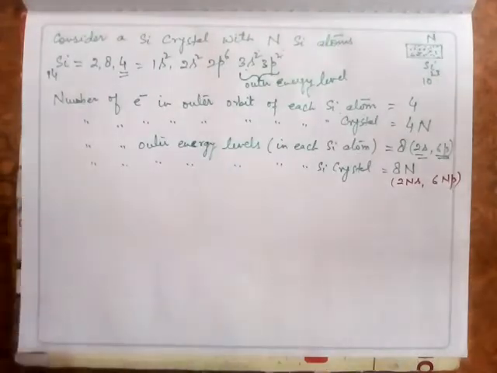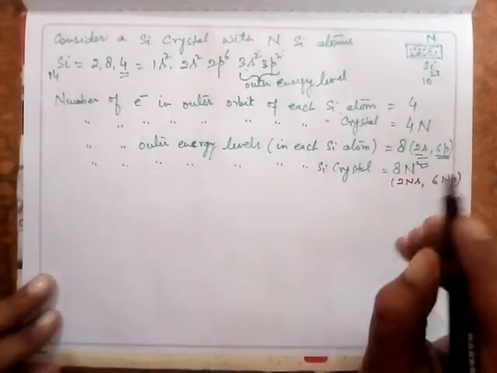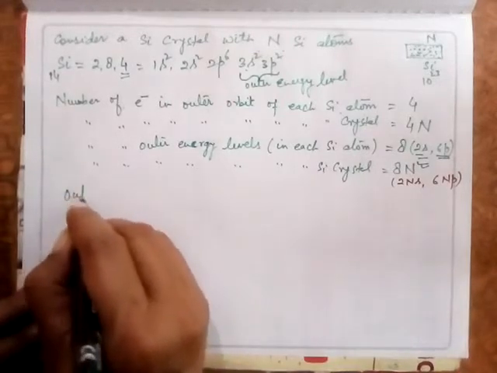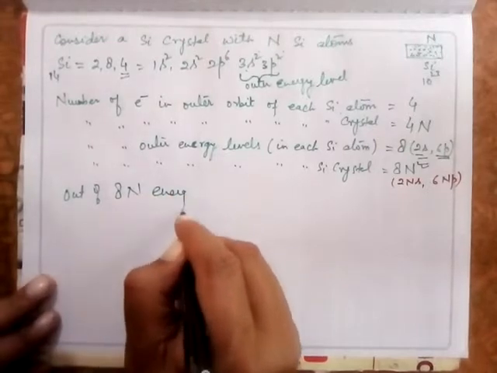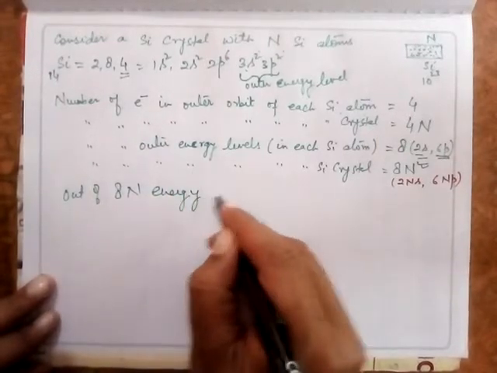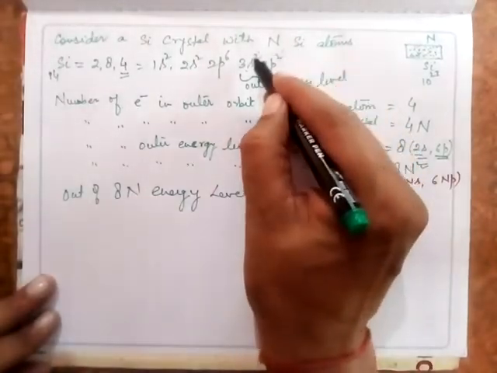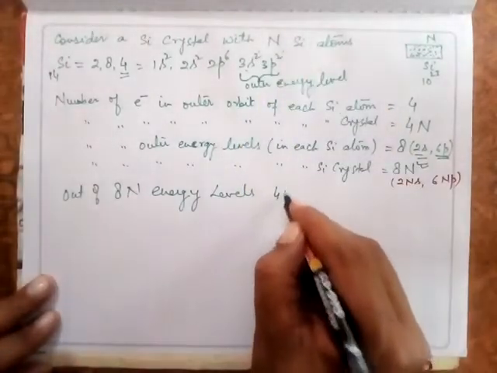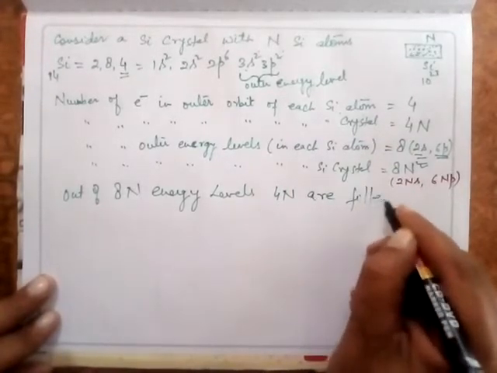Now the total energy levels are 8n. Out of 8n energy levels, how many are filled? 4n are filled.